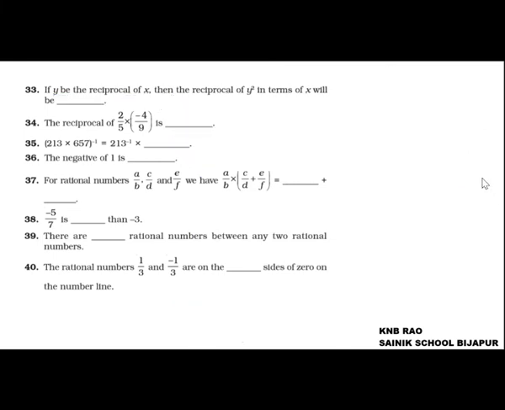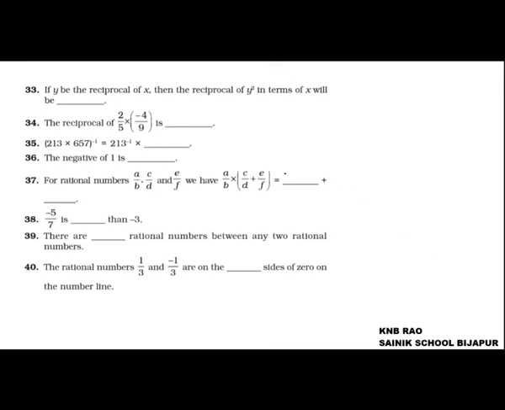Students, now we will continue from the 37th question onwards. In question 37, you are asked, for rational numbers a by b, c by d and e by f, we have a by b into c by d plus e by f is equal to, it's a distributive property.